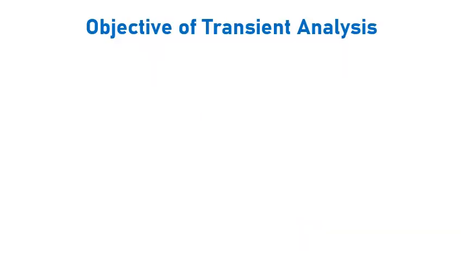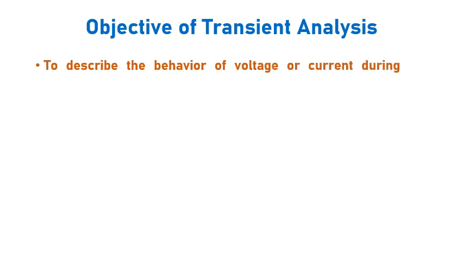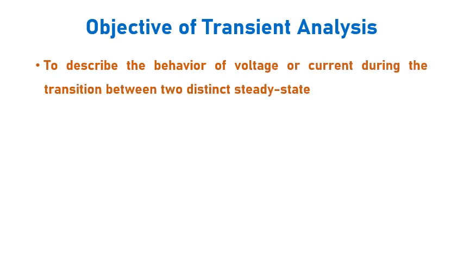Let us start with the objective of this transient analysis. It is used to describe the behavior of voltage or current in a circuit during the transition between two different steady state conditions.